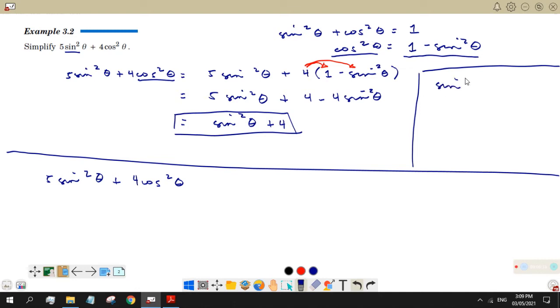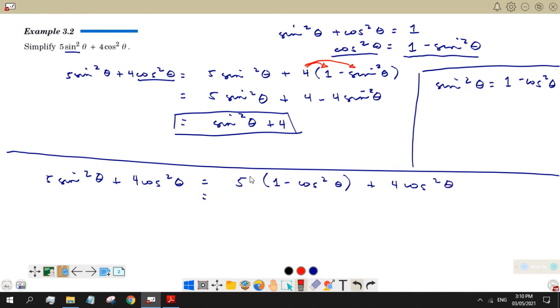So, sine squared theta from here is equal to 1 minus cosine squared theta. So, our expression here will be 5 times, substitute 1 minus cosine squared theta to sine squared theta. We have 1 minus cosine squared theta plus 4 cosine squared theta.